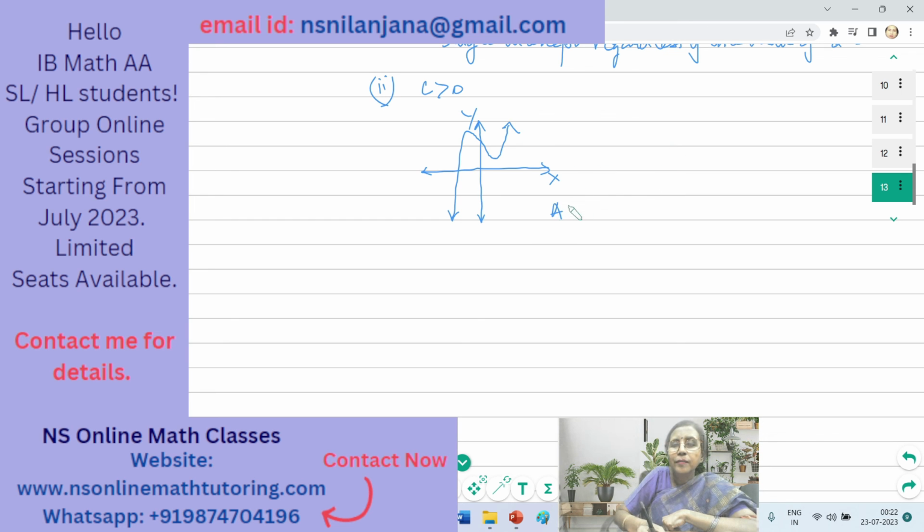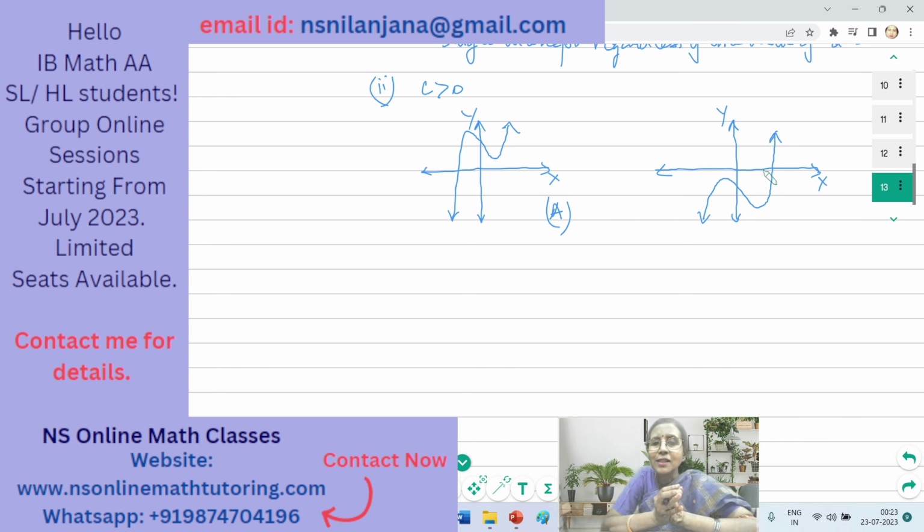This is the graph A, or the second possibility is both the maximum and the minimum values y coordinates are below the x-axis.